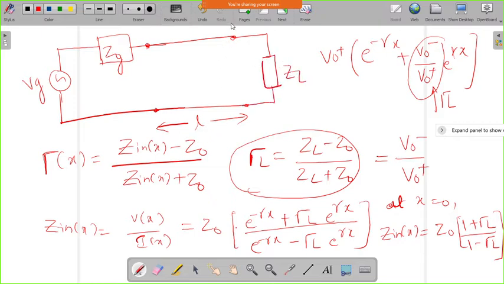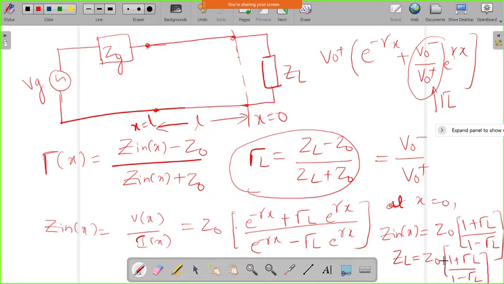This is at x equal to 0, and from the load end this is at x equal to L. At x equal to 0, Z in of x is nothing but the load impedance, that is ZL, which is Z naught into 1 plus gamma L divided by 1 minus gamma L.